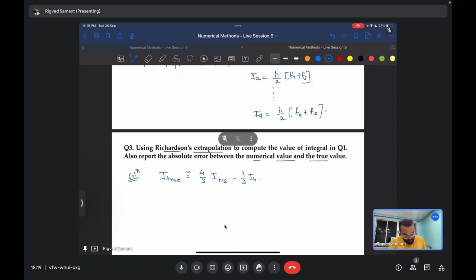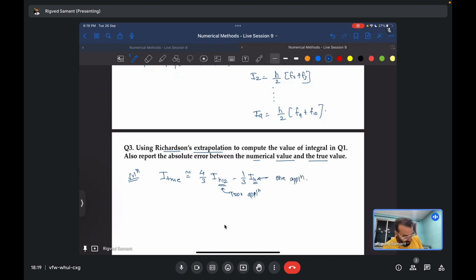So what I was saying, according to the Richardson extrapolation formula, I true is 4/3 of the integration value using h by 2 and 1/3 using h. So what does h by 2 mean? 2 applications, and this is 1 application.